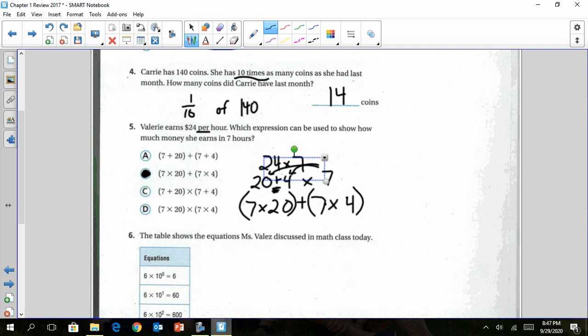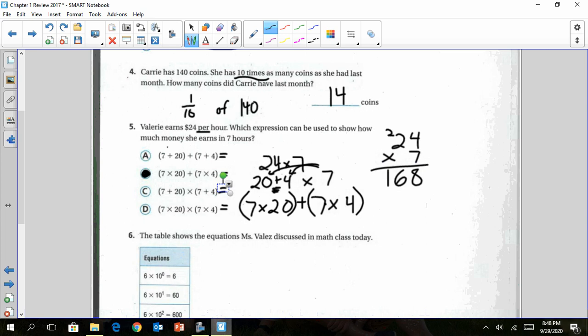Also, one way to solve this, if you're confused about which one is correct, you can just simply take 24 times 7, which is going to give you 168. And then you can multiply each of these out to see which one also gives you 168.